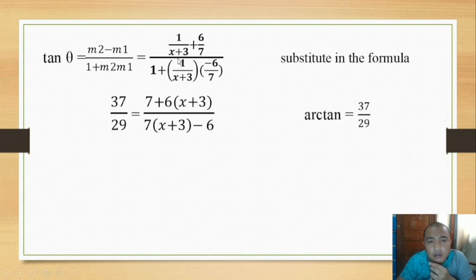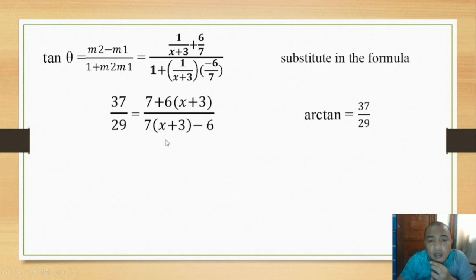So we have 7 plus 6 times x plus 3 here, and they have the same denominator, so you can cancel 7 times x plus 3. Then 7 times x plus 3 times 1 is 7 times x plus 3, minus 6 times 1 is negative 6. Yes, tangent of arctan is 37 over 29. That's why we have 7 over 29 here.